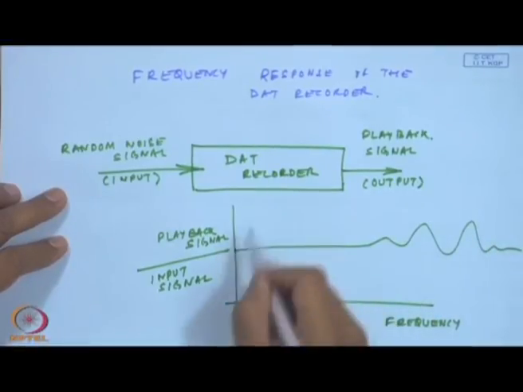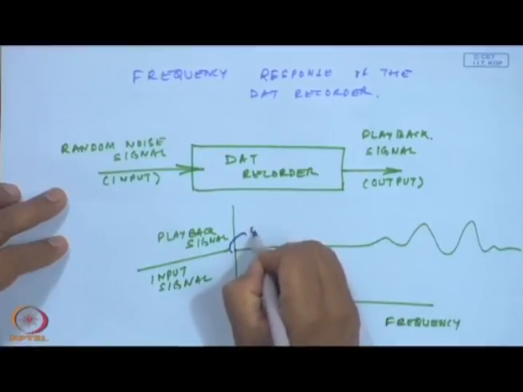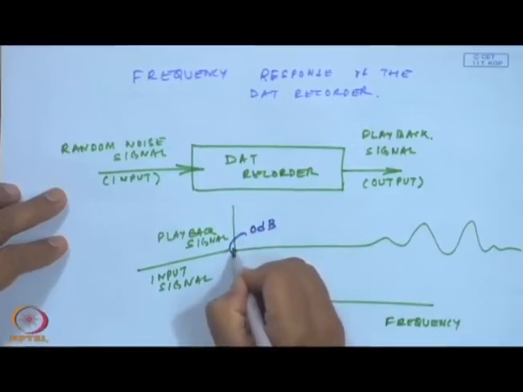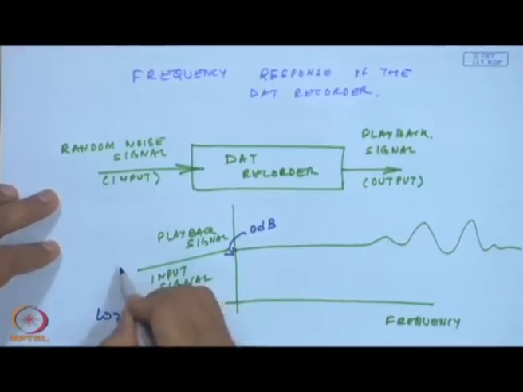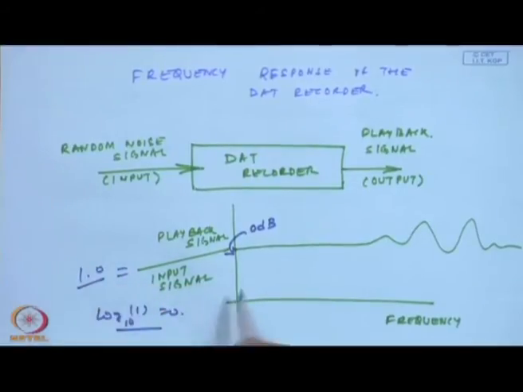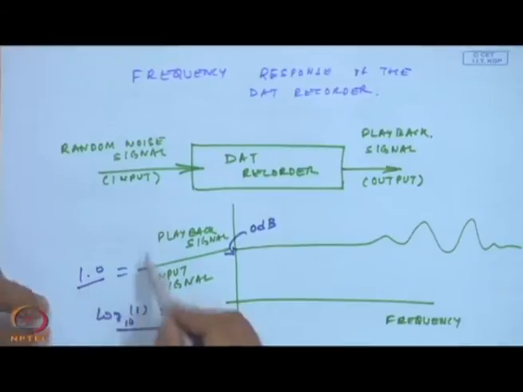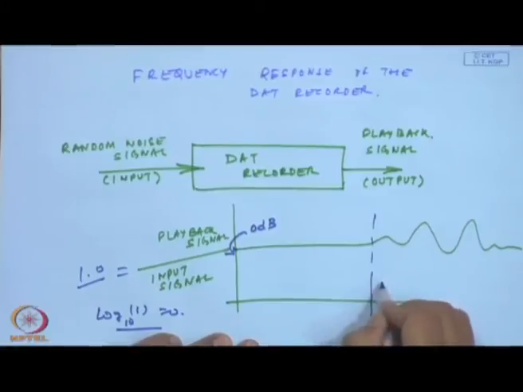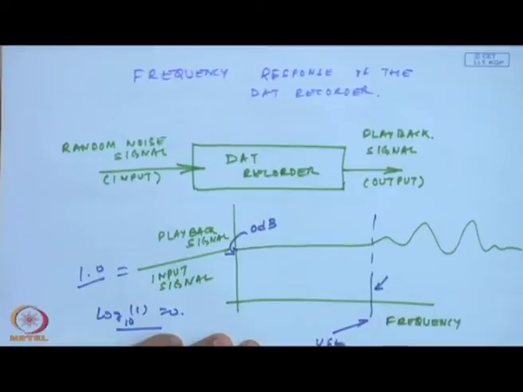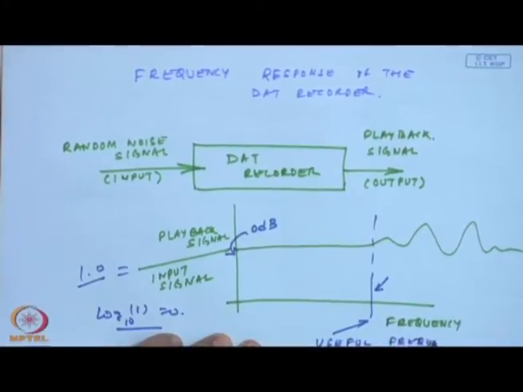In a dB scale this would be 0 dB, because log of 1 is equal to 0. So if playback is of the same level as the input signal, the ratio will be 1, so it will be 0 decibels. This is the useful frequency limit of the signal.